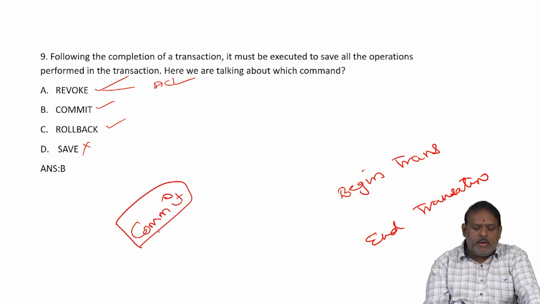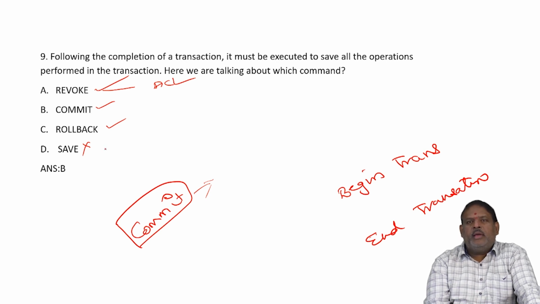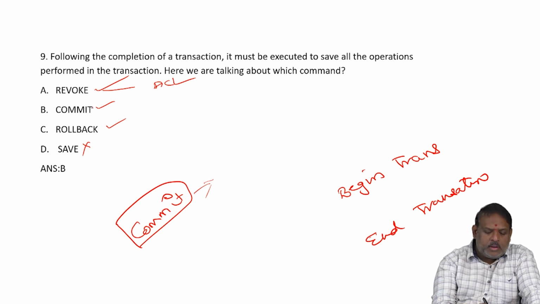Commit is the only command used to save our transactions or operations to the database. If you commit, your data is saved to the database. If you don't use commit and say rollback, your data is undone. Revoke is a part of DCL, data control language. There is no command by the name save in SQL. So the option is commit.